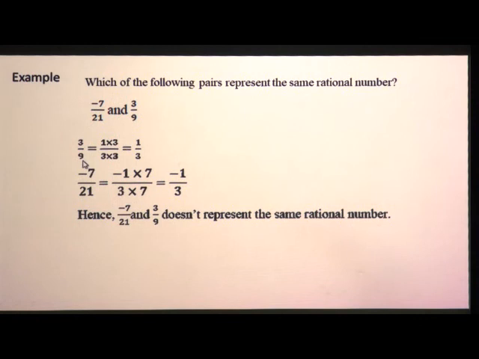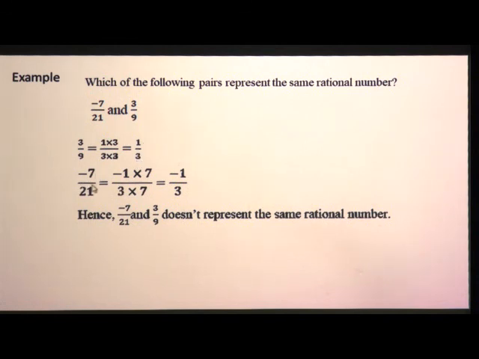Here 3 upon 9 is 1 multiplied by 3 and 3 multiplied by 3. To get this 3 upon 9, what have we done? 1 into 3 is 3, and 3 into 3 is 9. So, we multiplied to get this. Now, if it is possible to reduce it, we will get the fraction 1 upon 3.